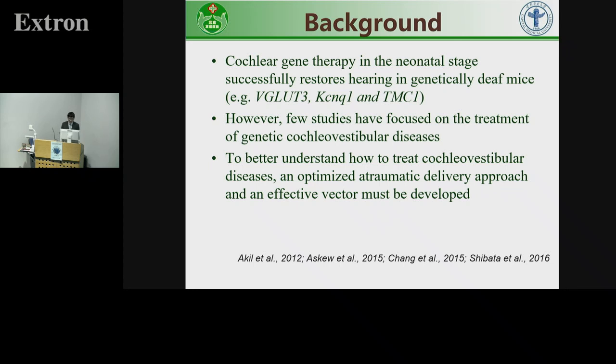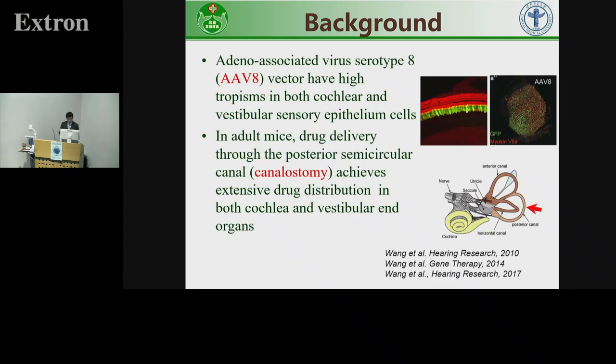So, to better treat those diseases, an optimized delivery approach and an effective vector must be developed. Our group has shown that the adeno-associated virus serotype 8 vector has high tropism in both the cochlear and the vestibular sensory epithelial cells.